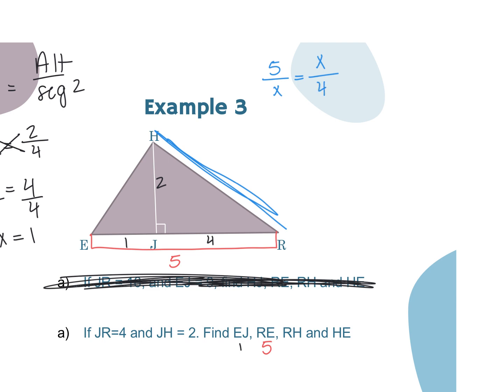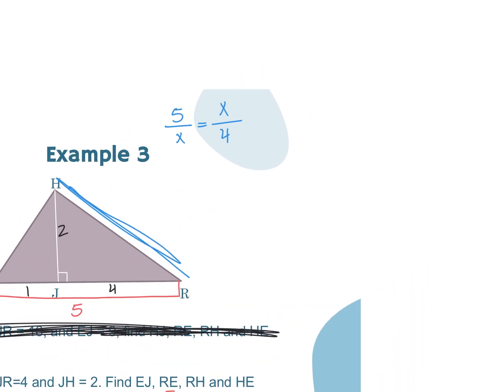4. Okay, look at this as one triangle. The adjacent side is 4. So, solving it, cross multiplying. What's 4 times 4? 4 squared. And then I have 5 times 4. How do I get rid of that squared?